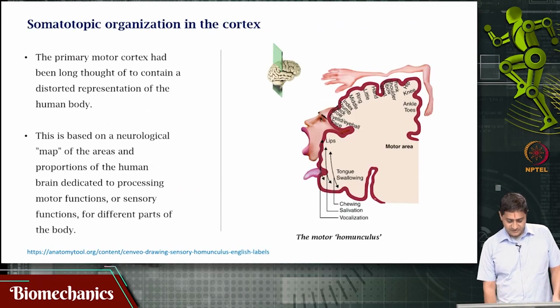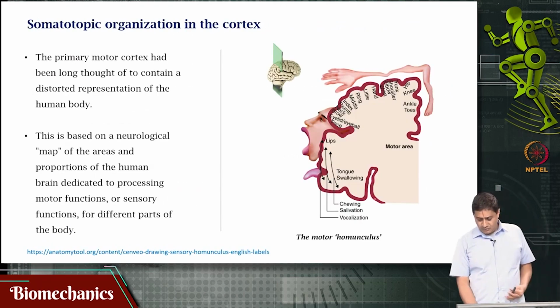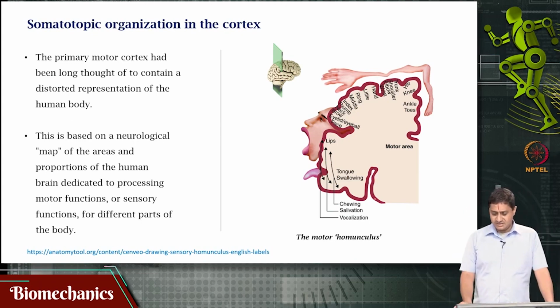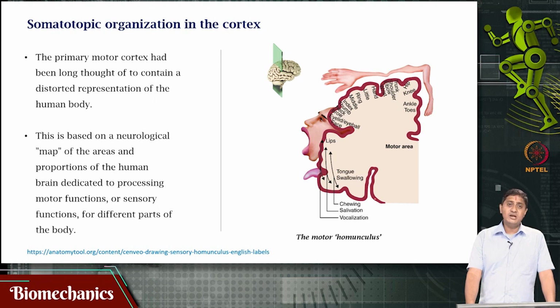The other hypothesis. One more reason comes to us from the idea that in the primary motor cortex in the brain, so primary motor cortex is this area in the brain that is just anterior to the central sulcus. It is believed that the primary motor cortex is responsible for control of movements.